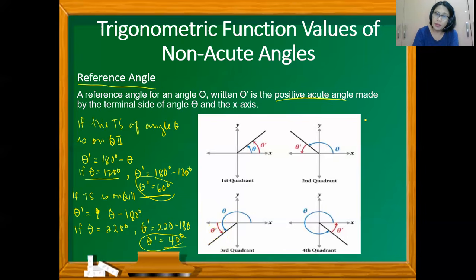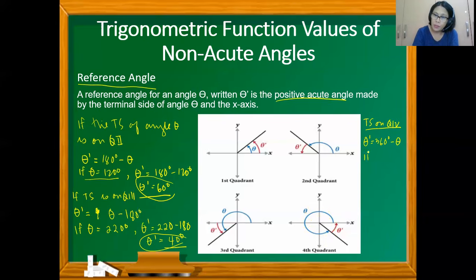In the event that the terminal side is on quadrant 4, this is the reference angle. Now, the whole of this is 360. So to obtain the reference angle, we subtract theta from 360.